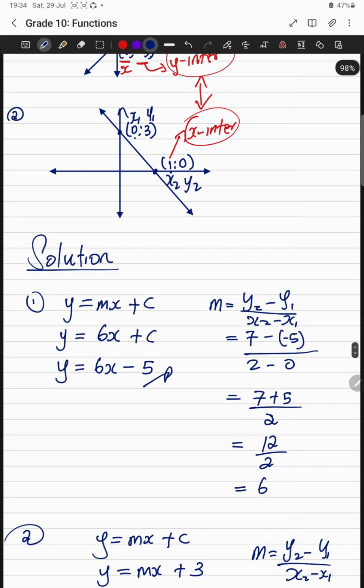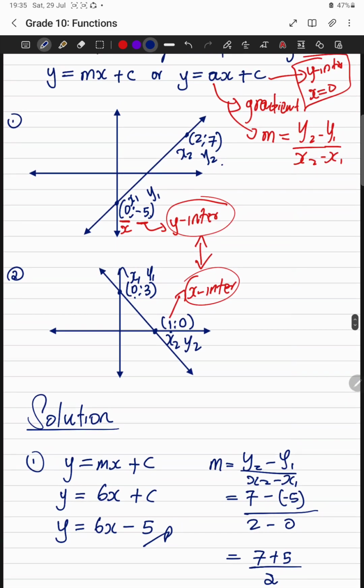And then you can also prove that, because if the gradient is greater than 0, this is the slope, so the graph should be drawn of this kind. And if m is less than 0, then the graph should be drawn of this kind.